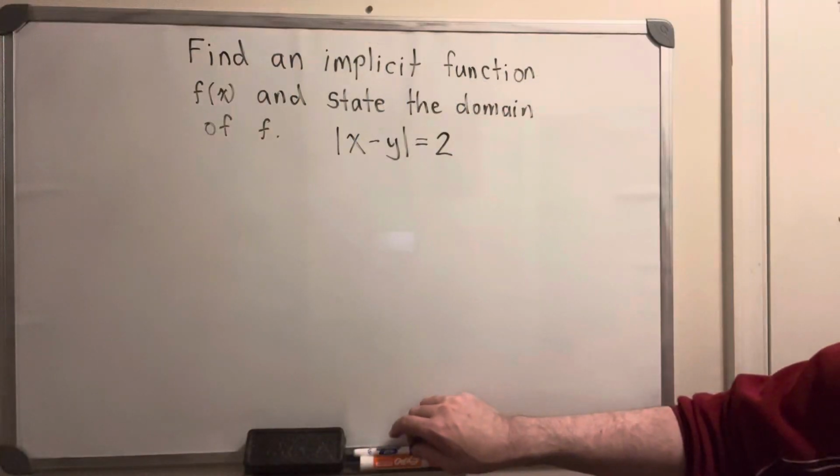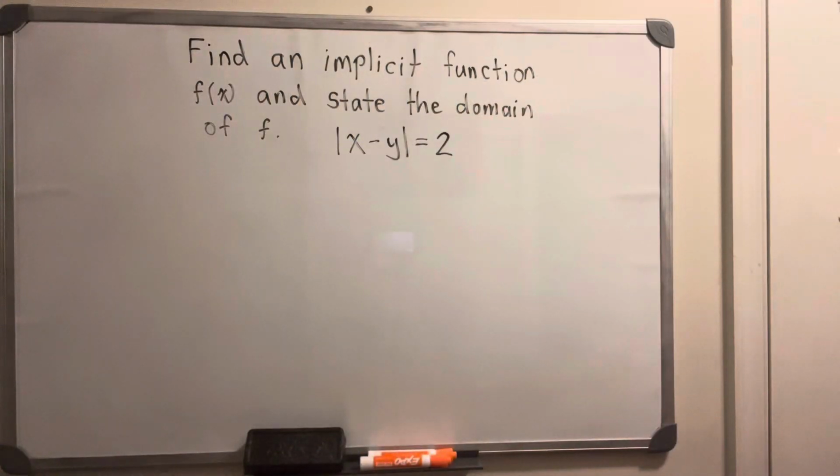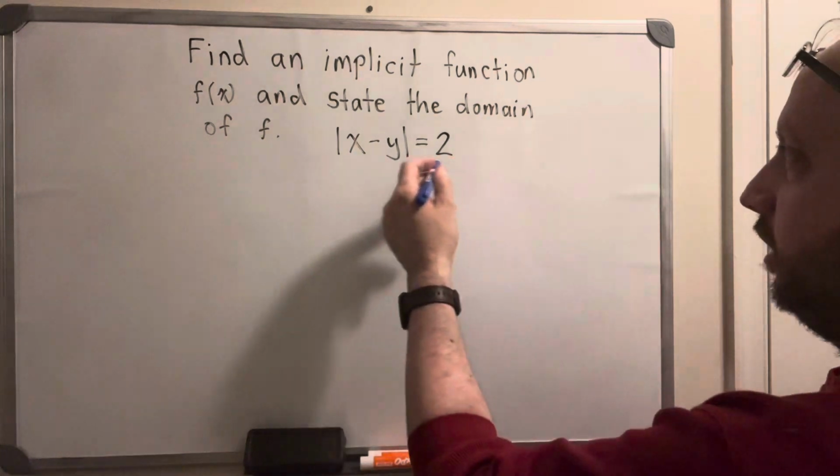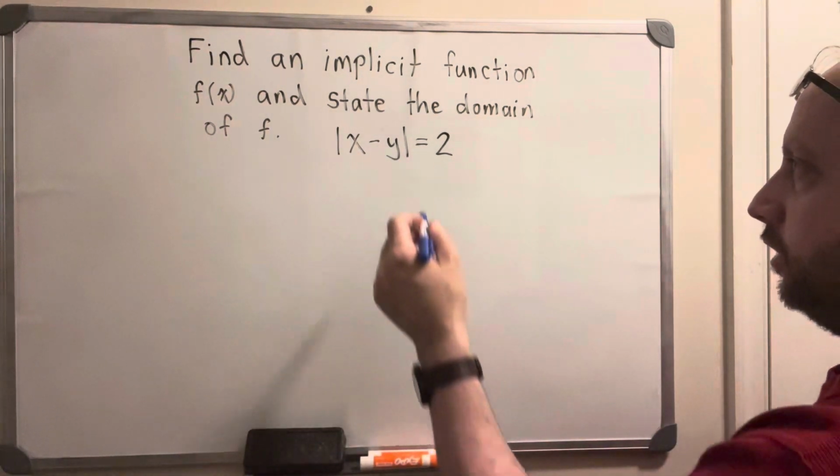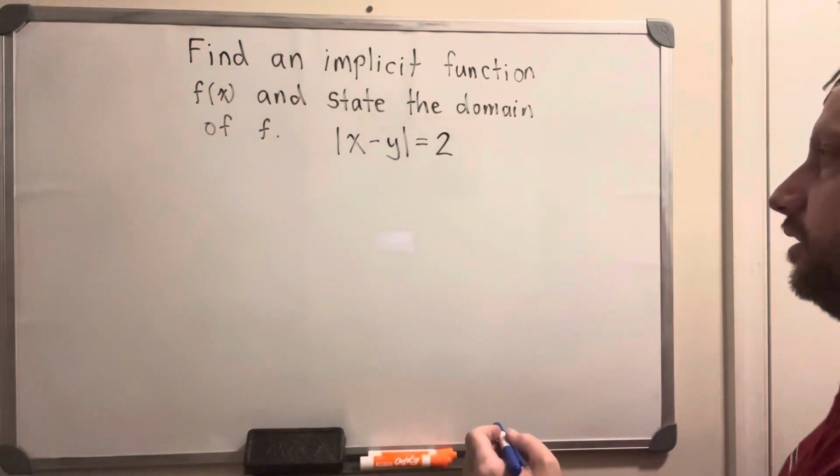This problem says find an implicit function f of x and state the domain of f. As we saw in the previous problem, for an equation there's possibly an infinite number of functions y equals f of x.